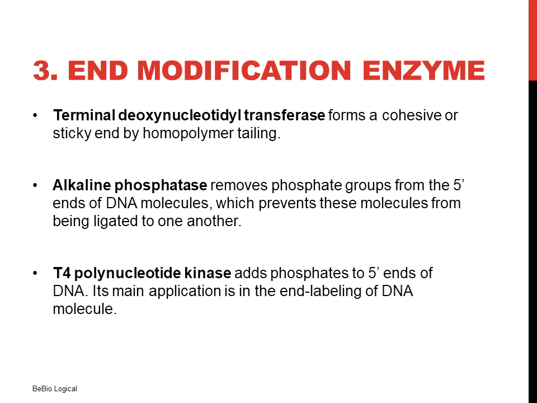Next is T4 polynucleotide kinase, obtained from E. coli cells infected with T4 phage, which performs the reverse reaction to alkaline phosphatase, adding phosphates to 5' ends. Its main application is in the end labeling of DNA molecules.